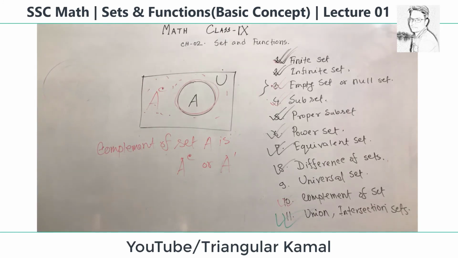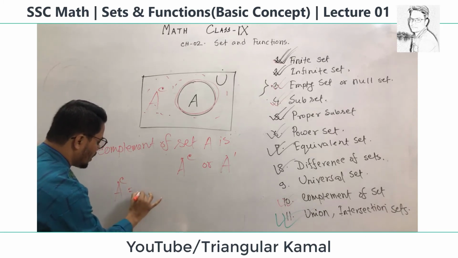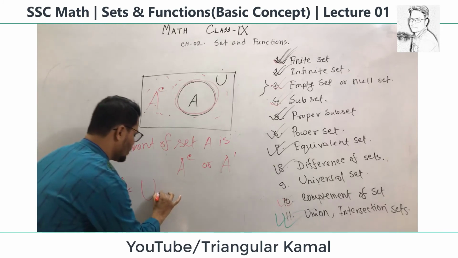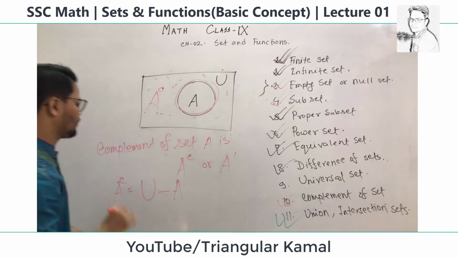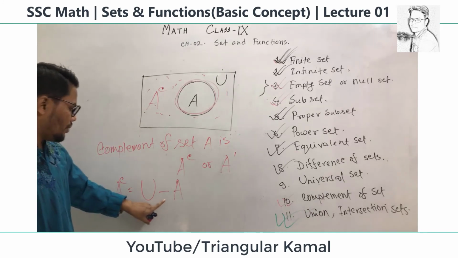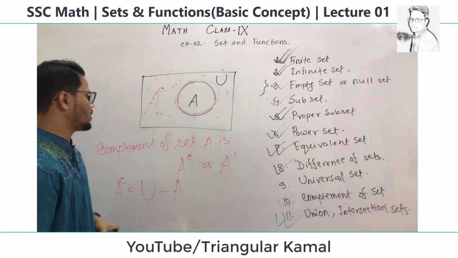Universal set you have to. So how can we identify this one? The complement of set formula we all know. The number of students of the scholarship school, the difference with the students of class 9. So for the complement, you have to subtract a set, the difference with the universal set.